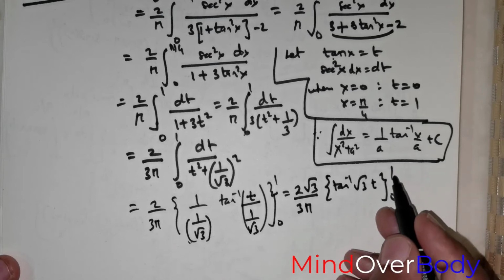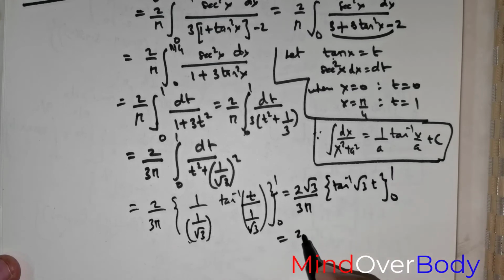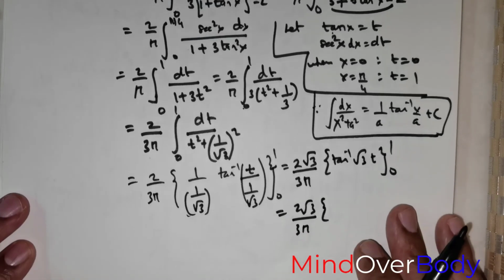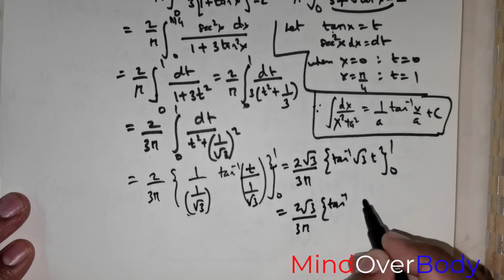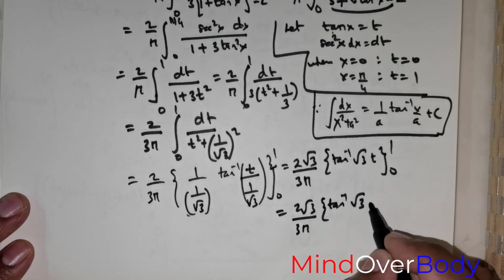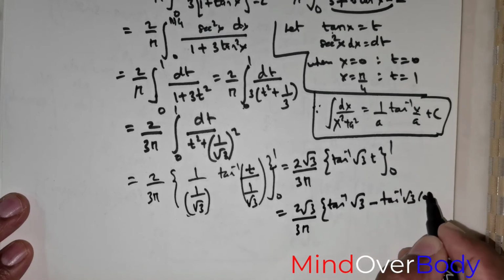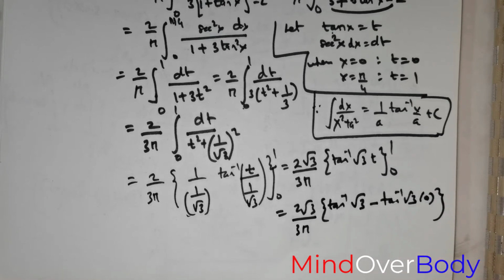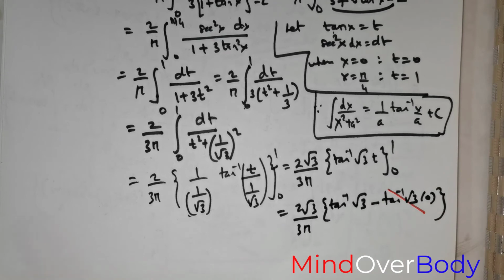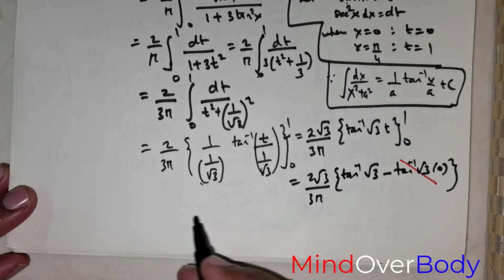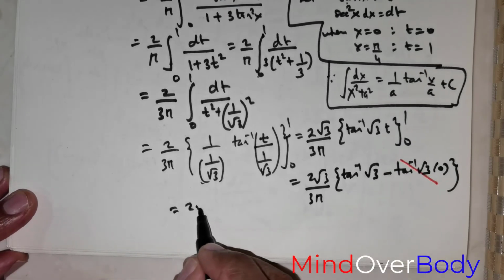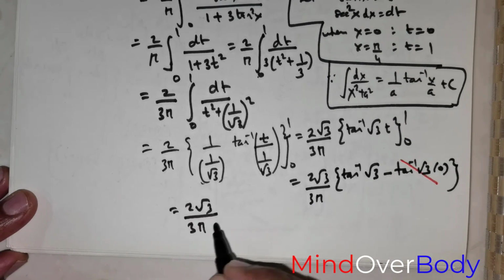I substitute the upper limit minus the lower limit, so this is going to be 2 times root of 3 divided by 3 pi. When I substitute the upper limit, I get tan inverse of root 3 followed by tan inverse of root 3 times 0. So this one goes off. This one would give us, let me write that down, 2 times root 3 over 3 pi.